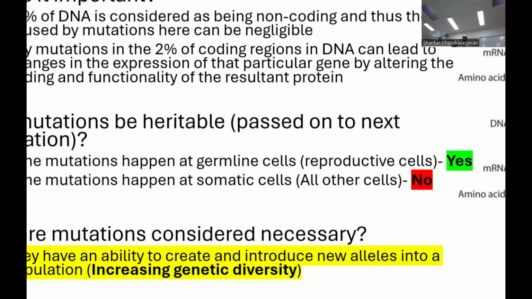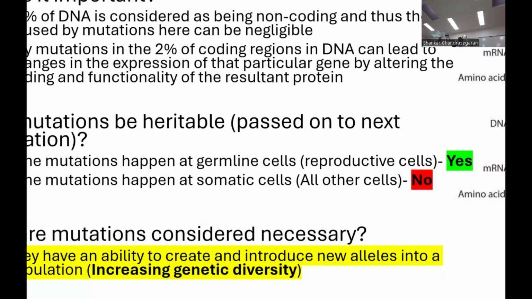So for males, germline cells would be sperm. For females, that would be your ovum. Basically, any mutations that accrue within those germline cells will be passed on because you're basically using those cells to reproduce. So those germline cells that accrue the mutation will actually be passed on to the next generation.